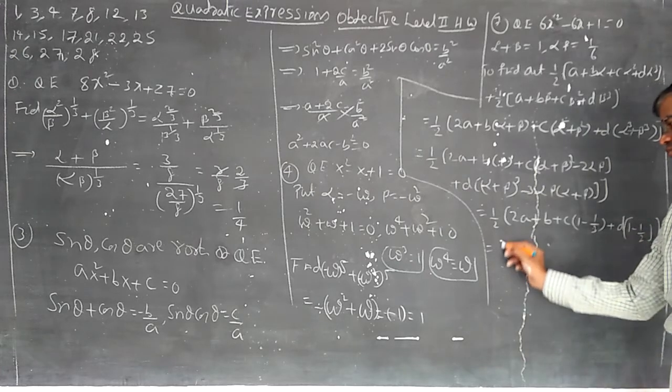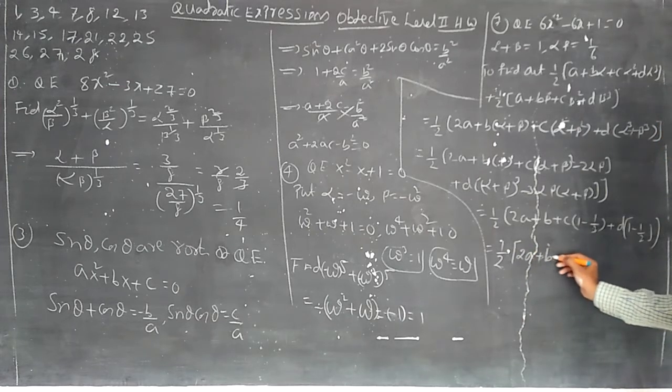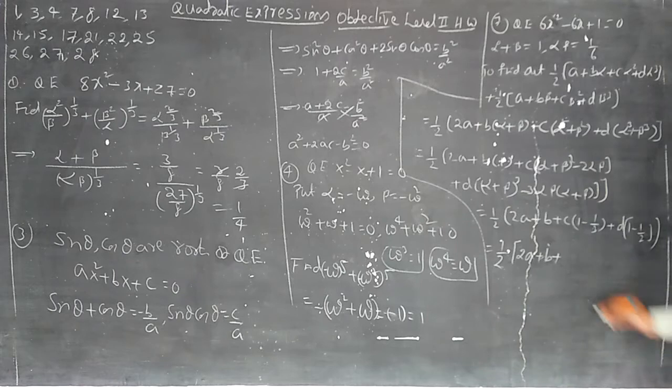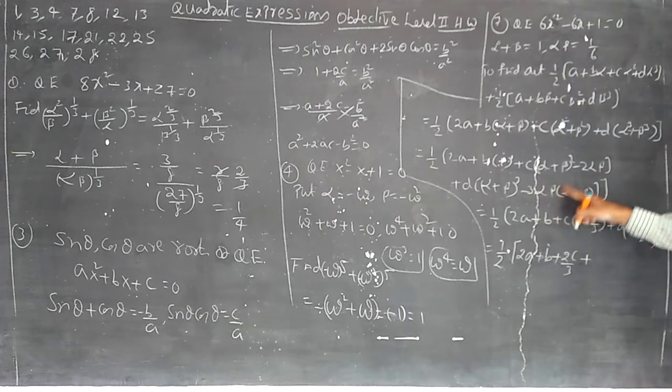That is equal to 1 by 2 into 2a plus b plus c into 3 minus 1 by 2, which means 2c by 3, plus d into alpha plus beta whole cube minus 3 alpha beta into alpha plus beta, which means 1 minus 3 by 6, 1 by 2 into 1.